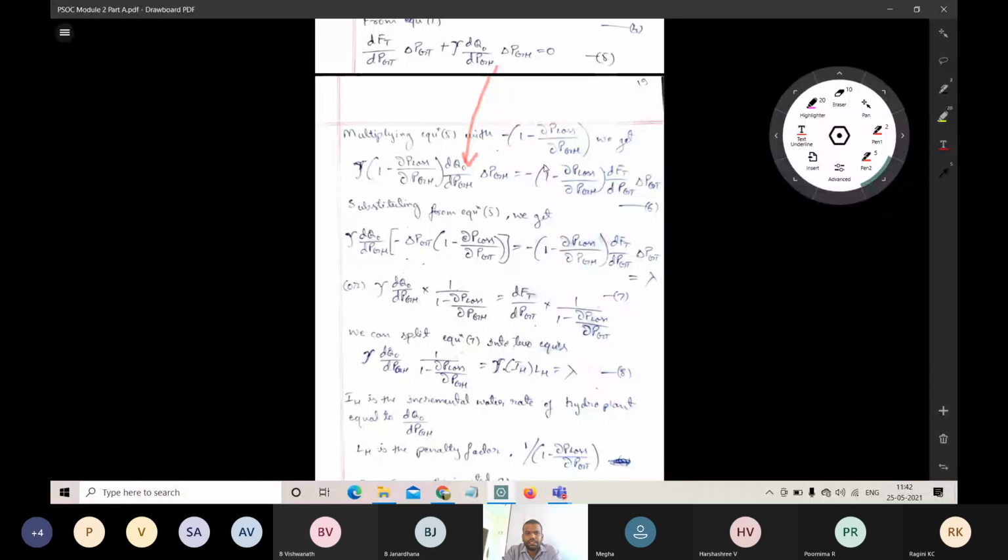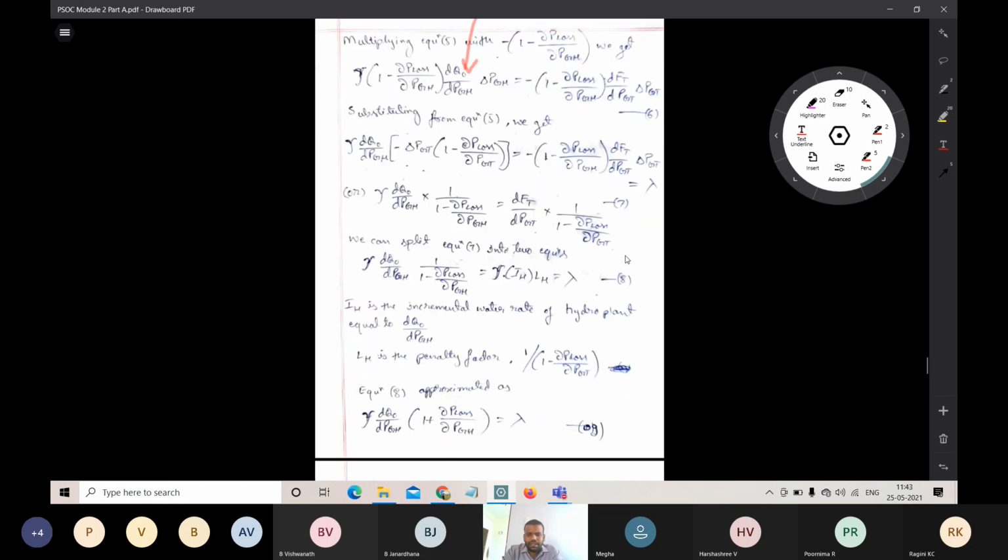That is, we have to substitute equation 5. This is equation 5, so substitute in equation 5. What happens next? Here 1 minus dou P loss by dou Pgh, now we have to multiply with dou Pgt, dFT by dPgt delta Pgt.